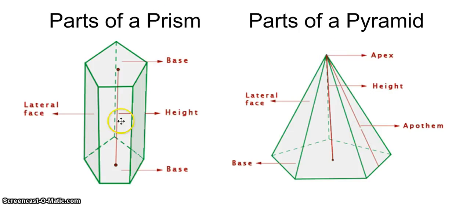A cylinder is a lot like a circular prism, and a cone is a lot like a circular pyramid, but because they've got circular bases, they will not be polyhedra. This ends the video on types of solids.